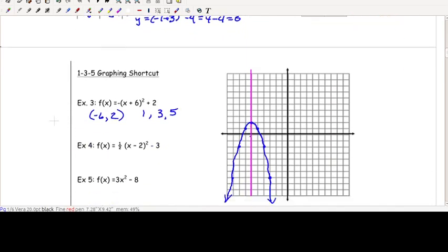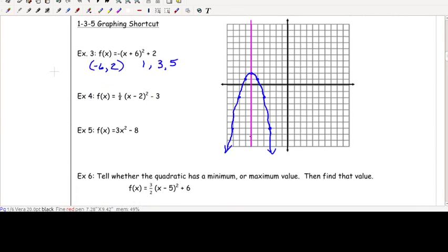So let's try that with example number 4. So I have my vertex at 2, negative 3. So let's put that on the graph. 1, 2, 1, 2, 3. There's my vertex. And then I have my 1, 3, 5 rule, except they're all going to be multiplied by a half, because my a value is a half. So 1 times a half is a half, or 0.5. Half times 3 is 3 over 2, or 1.5.